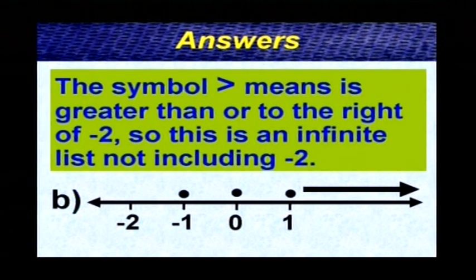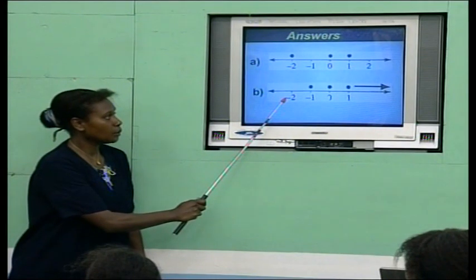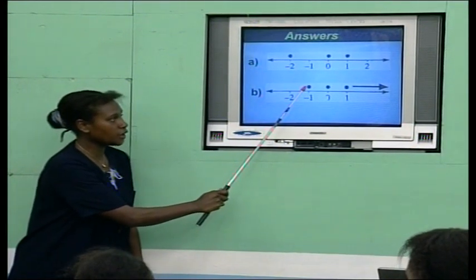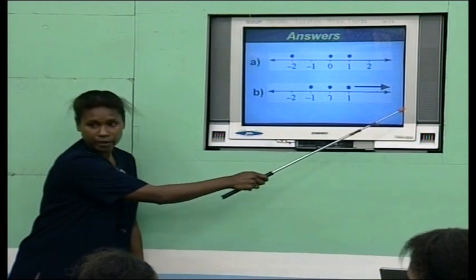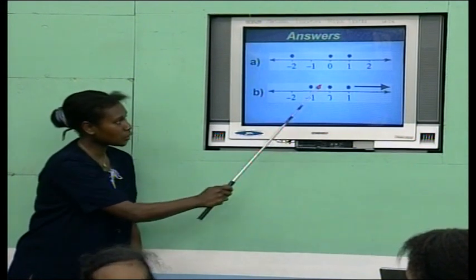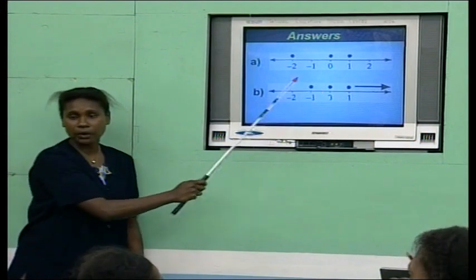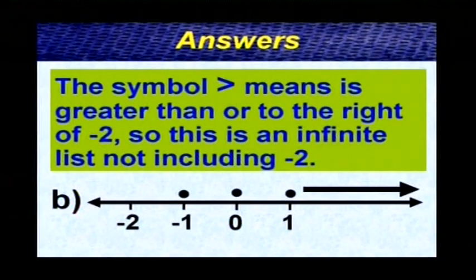Okay, B, the symbol means is greater than or to the right of -2. So this is an infinite list not including -2. -2 is far from where the dots are, so it should go to your right. Have a look at it very carefully, how it is being plotted, and also refer to the points that I have prepared on the chart.